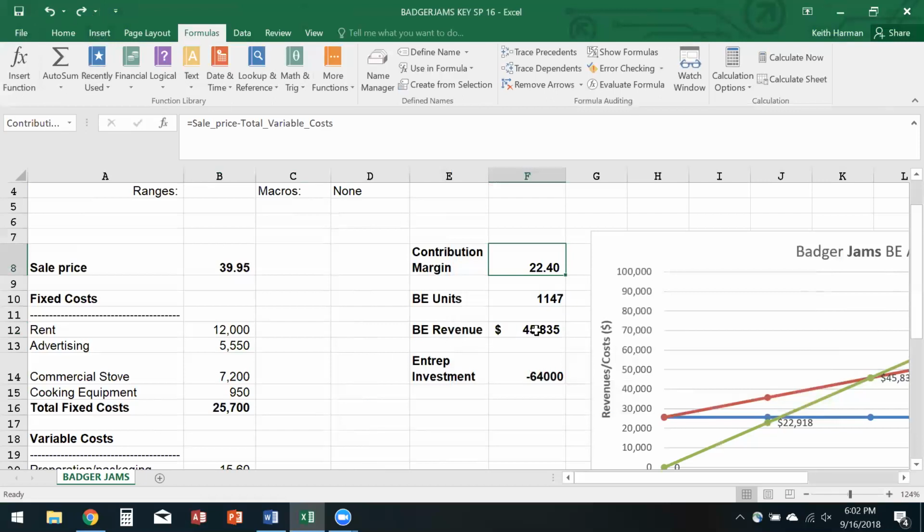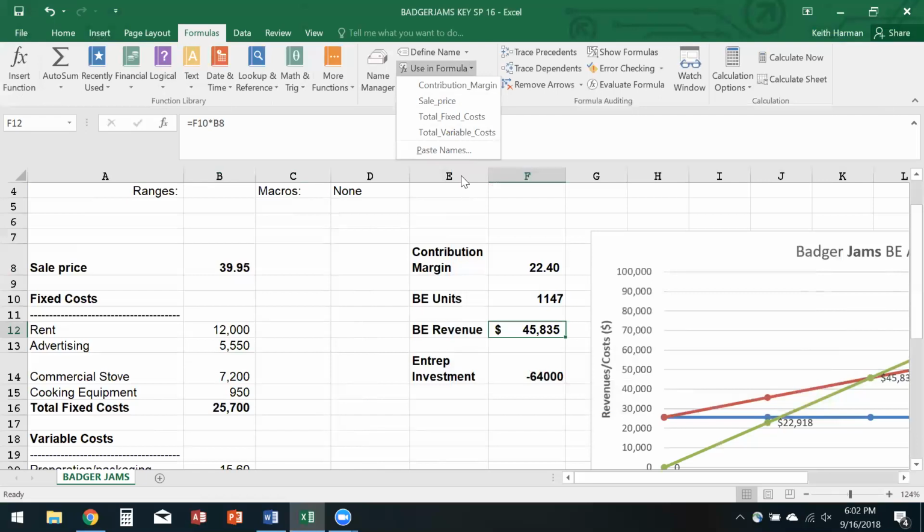And we know that the break-even revenue, now let's check this again before we're done, is going to be our sale price times our break-even units. So let's just use the names again. This time we'll come over here to break-even revenue, and we're going to use it in the formula, and it's going to be the break-even units.